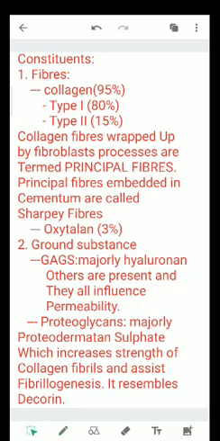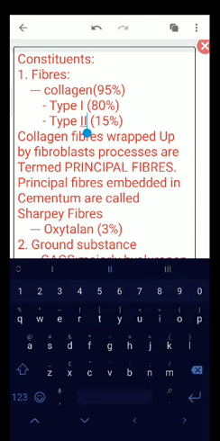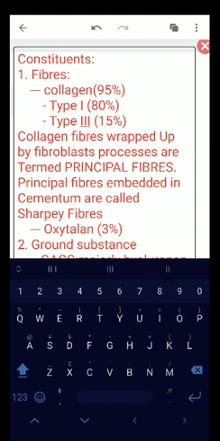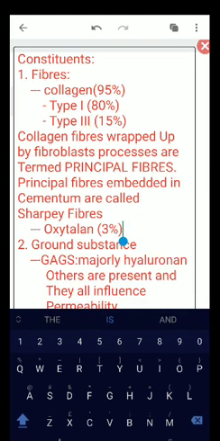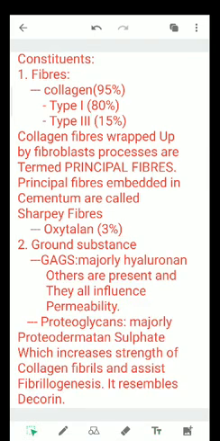Sorry, this should be type 3 and not type 2. So type 3, yep, makes up 15%. We have other type collagen fibers there, but majorly type 1 and type 3.